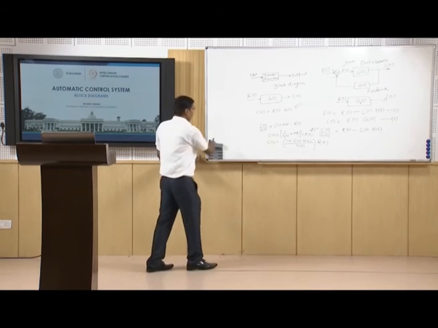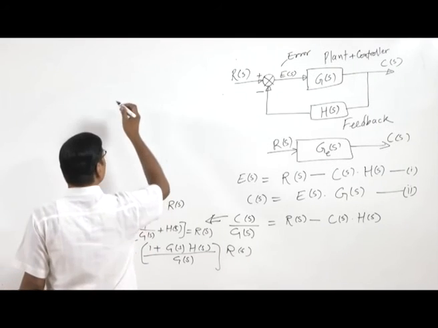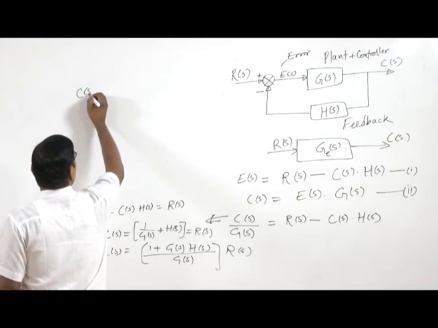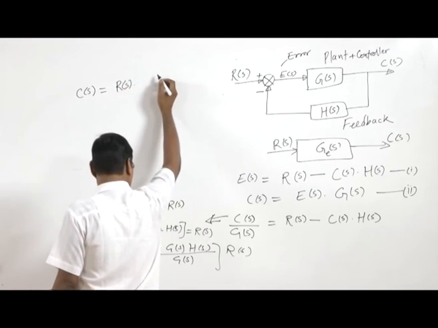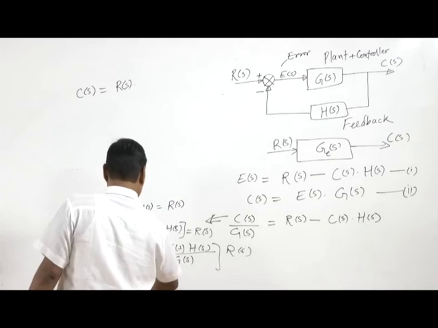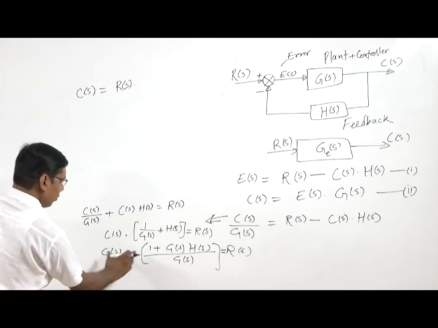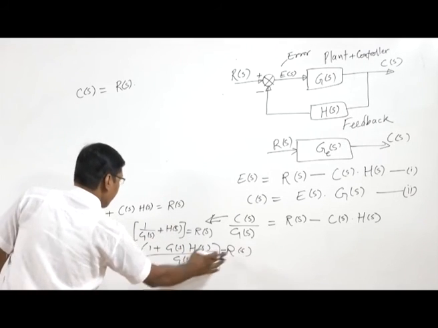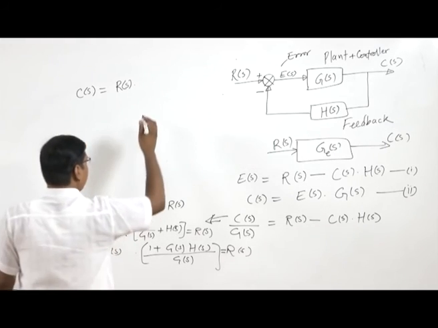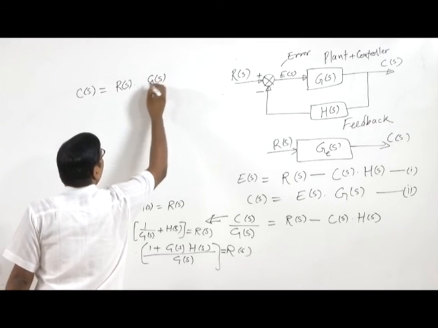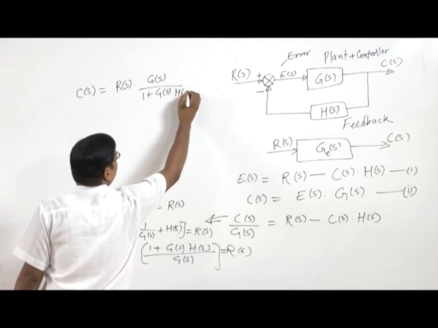So now we can write that C(s) into this term equals R(s). So C(s) equals R(s) into G(s) upon 1 plus G(s)H(s).